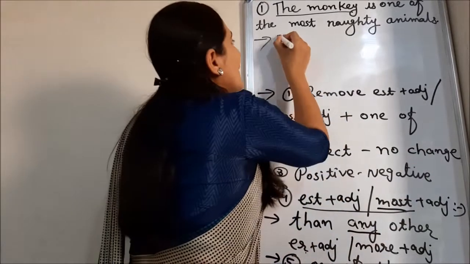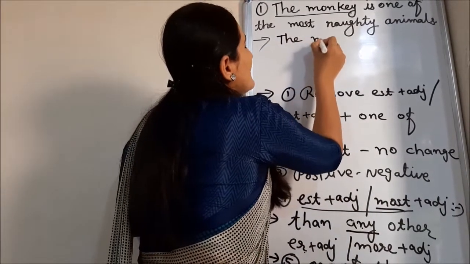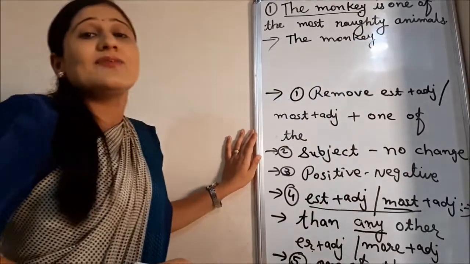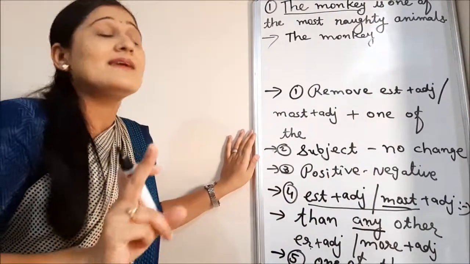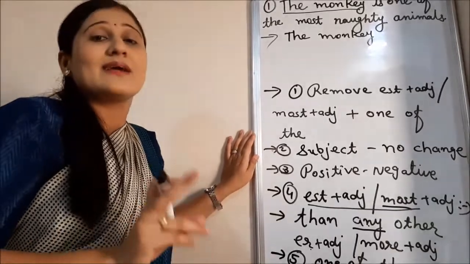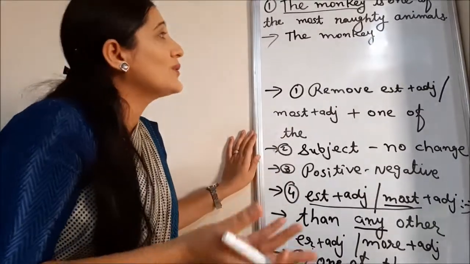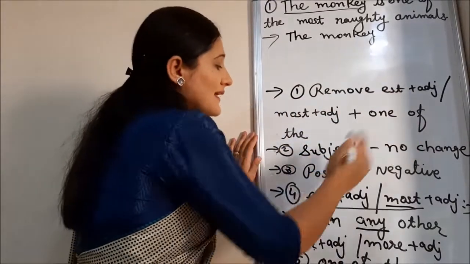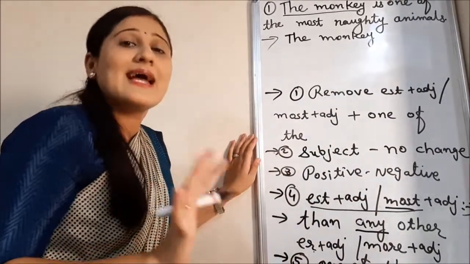So let's write turn by turn. The subject will be first. See, if SD is given in the exam, then it is easy to write in CD, right? Because no need to change the subject, nothing to do, just write instead of this, nothing else, right?